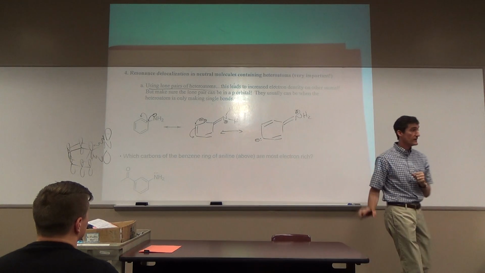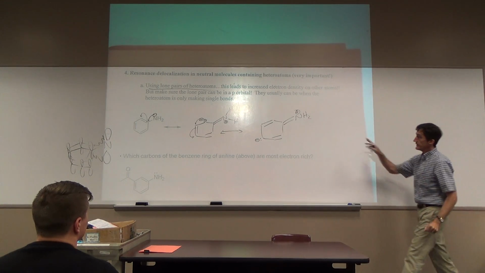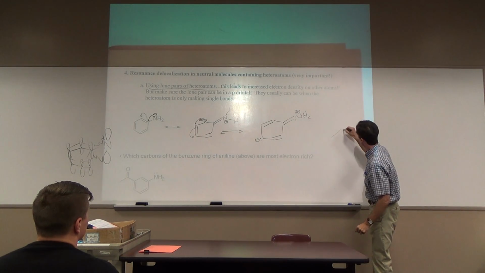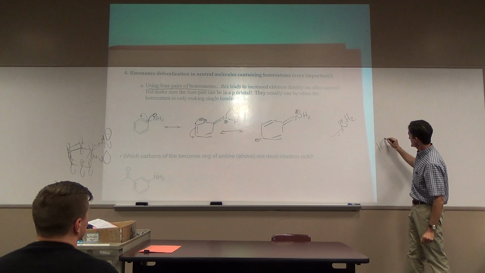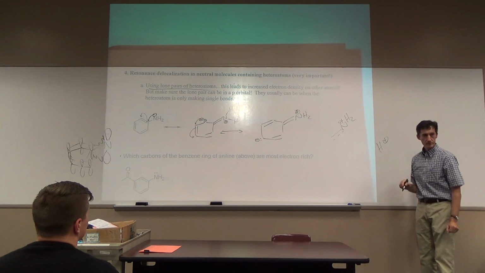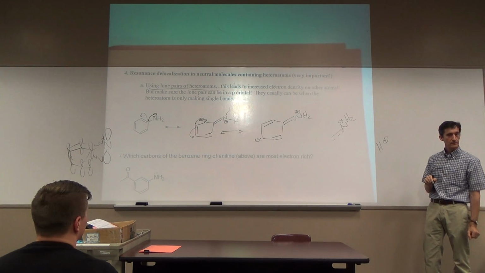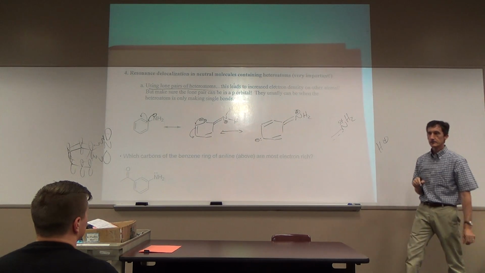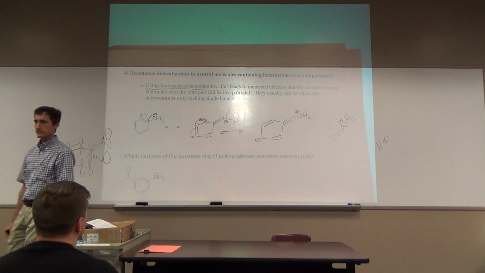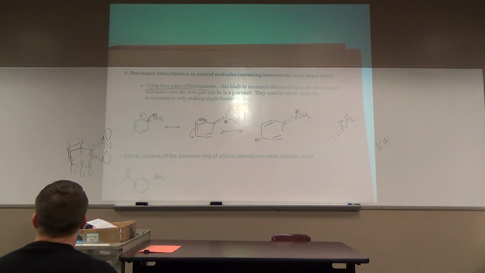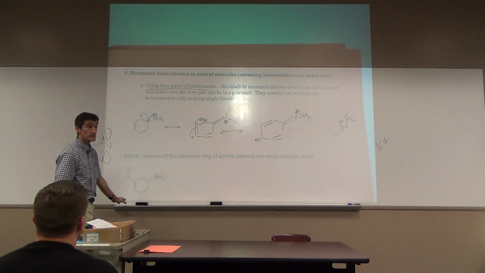Partial plus. You see that from your resonance structures. If it's partial plus, how attracted is it going to be to a proton? Not very. This is all just the same explanation of it's not as basic. It's actually got some partial plus chemistry.